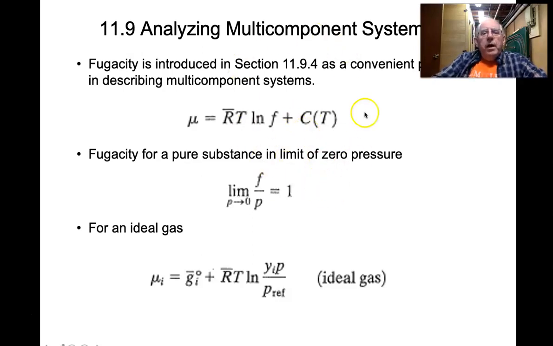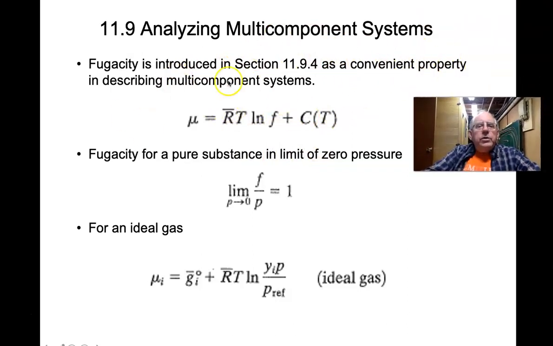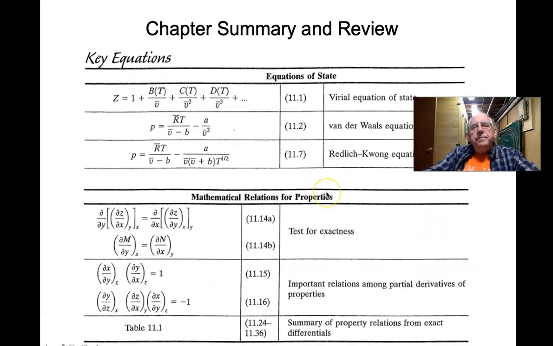And so we will talk about that. Again, it's a property that is used in multi-component systems. Those types of systems are typically involved when we have reacting type of equilibrium combustion systems, where we have multiple components that show up and they have an effect on the properties associated with the substance.